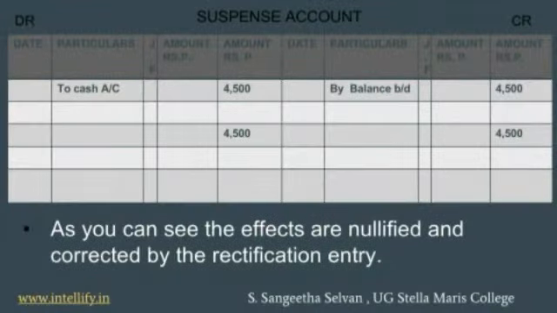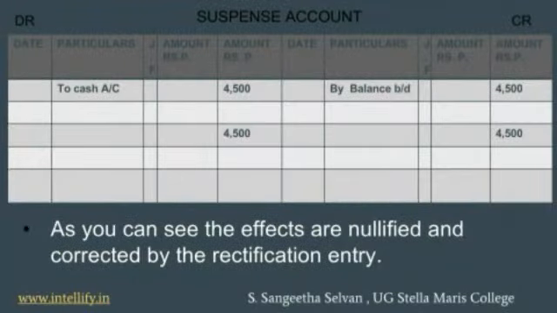So on the credit side of the suspense account, we have written by balance brought down 4,500. In the journal entry, we have debited the suspense account, saying suspense account debtor to cash with 4,500. So applying that here, we are debiting this suspense account, saying to cash account 4,500. So the debit side equals the credit side, the suspense account is tallied, and there is no more existence of this suspense account.